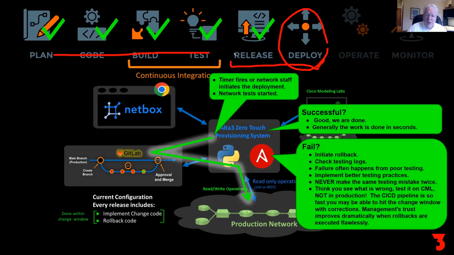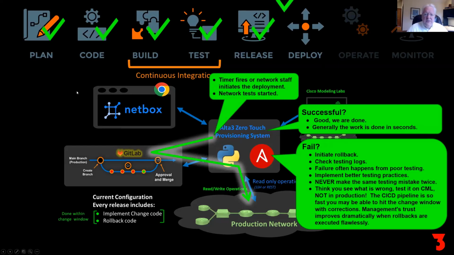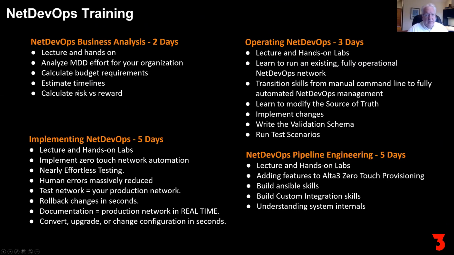You can get all the way to this point, have a container tank, and systems will tear it out and replace it with a new system before anybody even knows. I predict that day is coming for networking people, but it's not here right now. We have to earn that kind of trust. But ultimately, pass or fail, the deployment phase is done, and we're ready to start the process again, whatever the other change may be in the network.